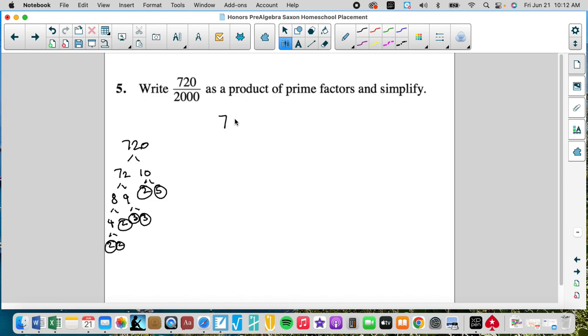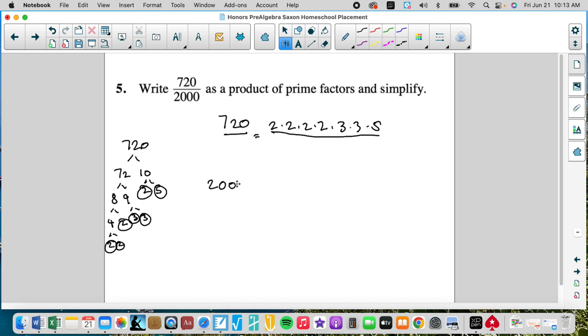So 720 in its prime factors, and I always put them in numerical order, is 4 2s, 2 3s, and a 5. If we multiplied all that out, that would produce 720. Notice all of these numbers are prime numbers. You wouldn't want an 8 up there because that's not a prime number.